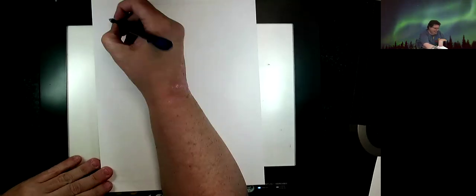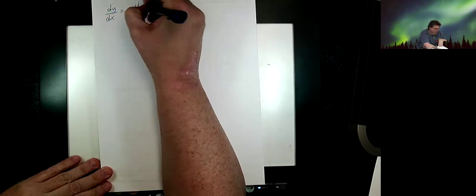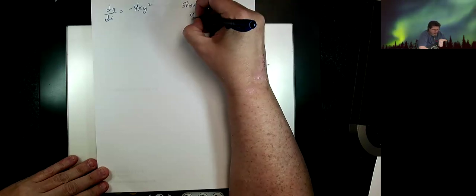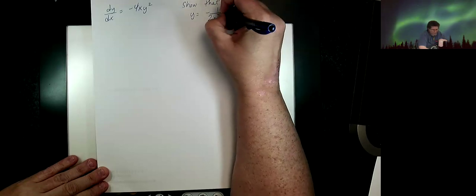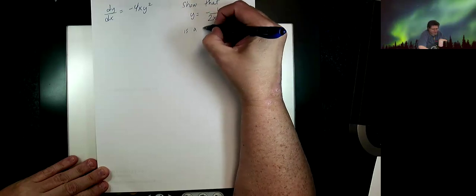Okay, so we had dy/dx. We're going to go back to that being negative 4xy squared. Show that y equals negative 1 over 2x squared plus c is a general solution.